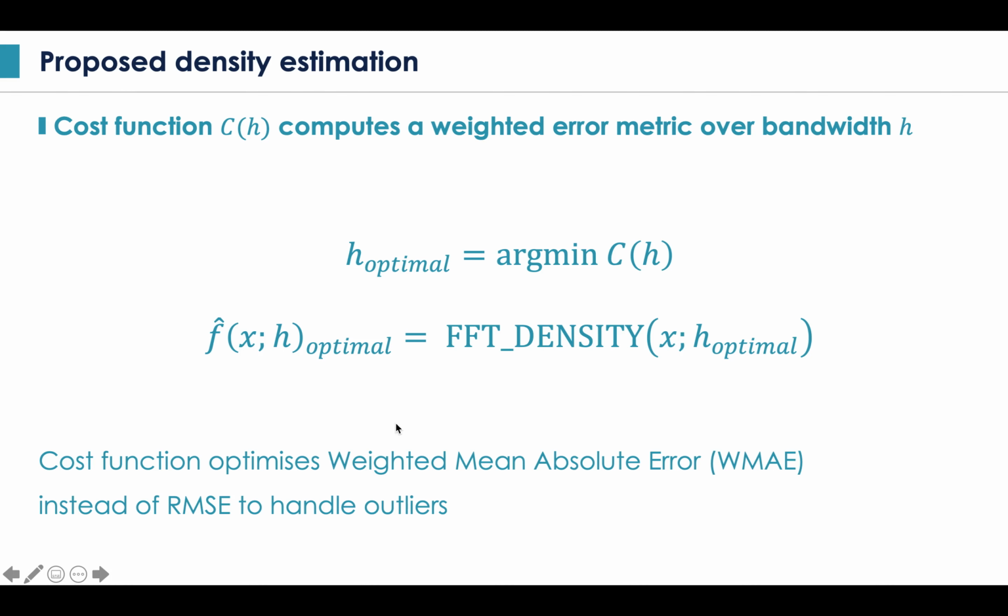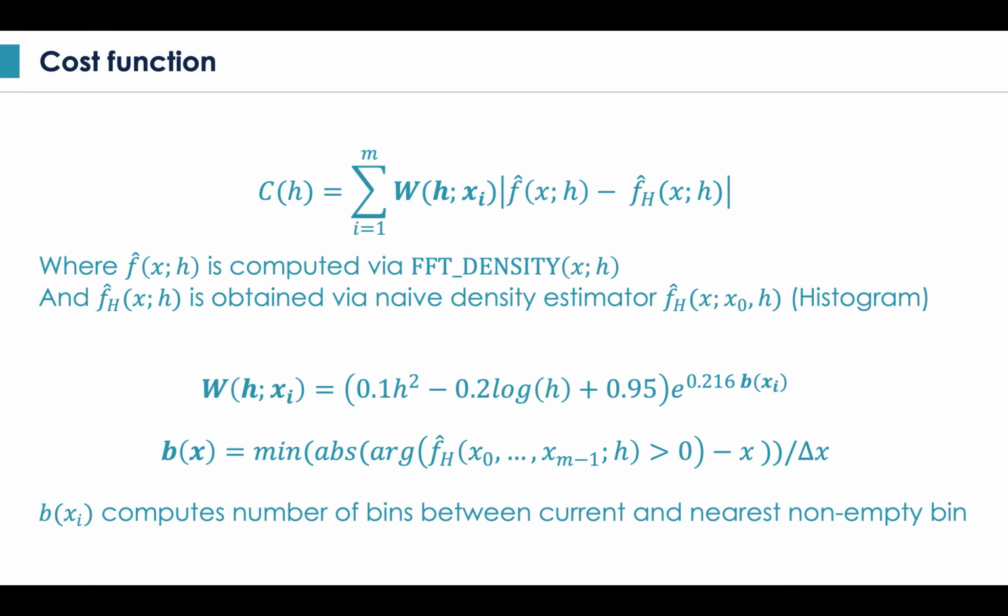So the cost function will optimize weighted mean absolute error instead of RMSE so that we are not prone to outliers. So this is the cost function. We sum up over all the points, where we have a weight function and the MAE. The density estimate is computed via the FFT function, and the f at h, the ground reference, is obtained by making a simple histogram over the data using the same grid points.